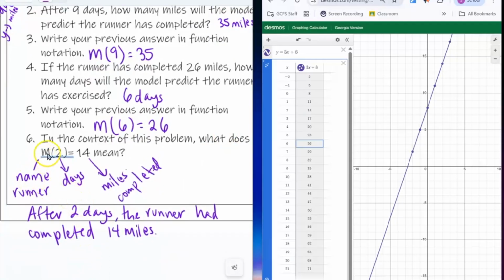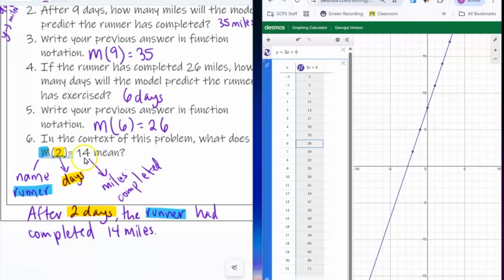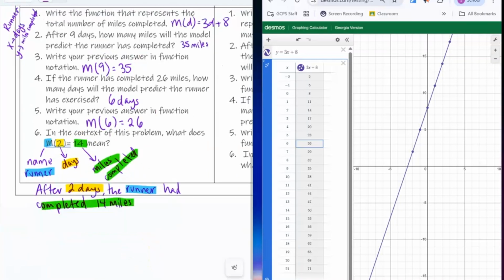So name is M. There is my runner. Then I need my X, which is going to be 2 days. So I have 2 days in there, I do. Then I need my Y, which is going to be 14 miles completed. So I've got completed 14 miles, perfect. All right, so I've got all three in, then I'm good to go.